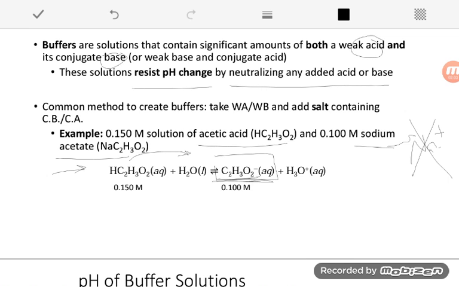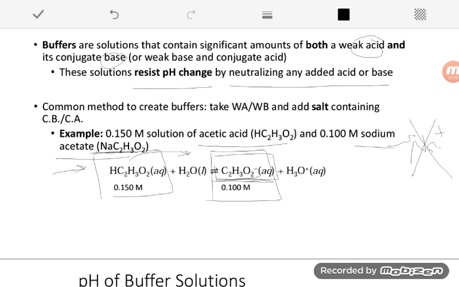So we don't worry about the sodium at all because it's a neutral ion, and so it's just in solution, but it's not going to affect the pH at all. And really, that's all we care about. So by putting in the weak acid and this salt that has the conjugate base, we're able to create a buffer solution. So this solution now has significant amounts of both the weak thing and its conjugate.